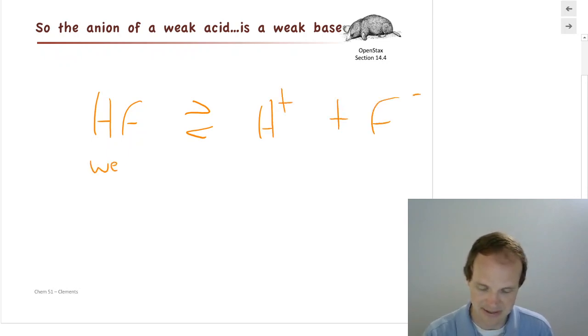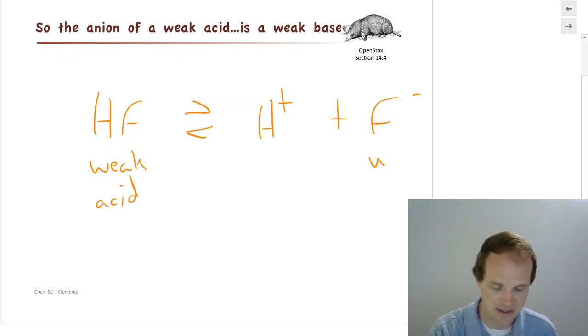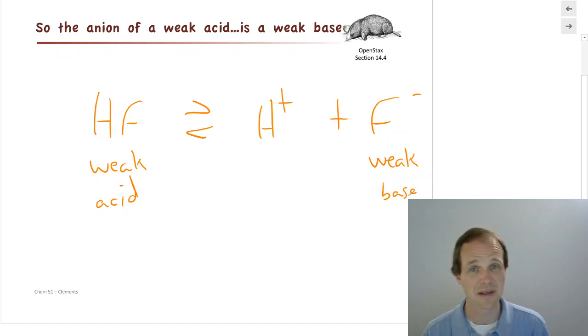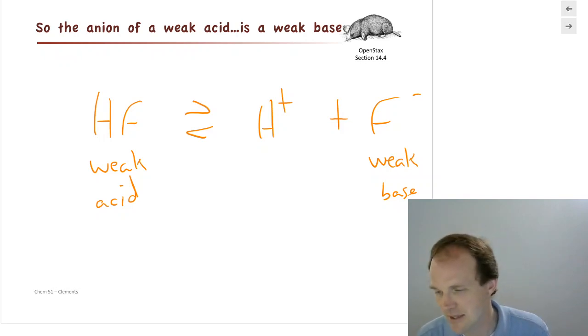This is a weak acid. And what we found is that F minus on its own is a weak base. Right? If we put F minus into solution, we just found that the pH was 8.23 on a 0.1 molar F minus solution. So that's basically acting as a weak base. So that's an interesting thing.